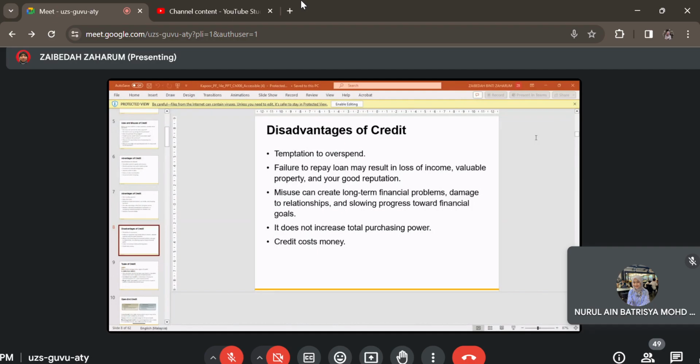Bila you gagal untuk bayar you punya pinjaman ke you punya credit card ke.